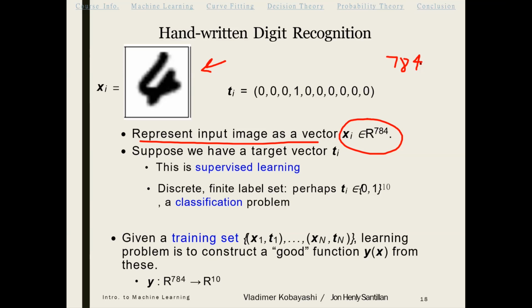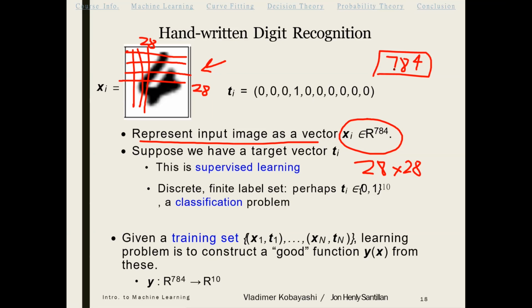Kung i-connect nyo yung pixels end to end, you will get a 784 vector. Kaya yan yung input image vector natin.